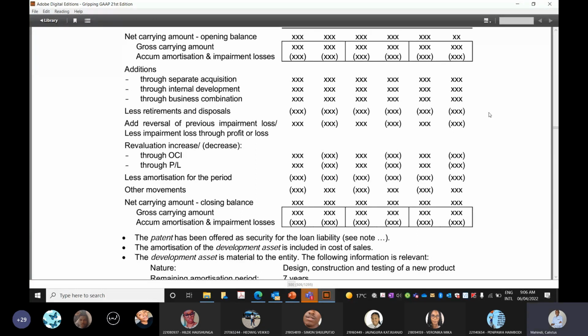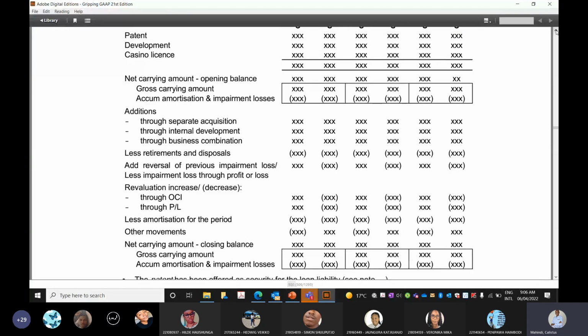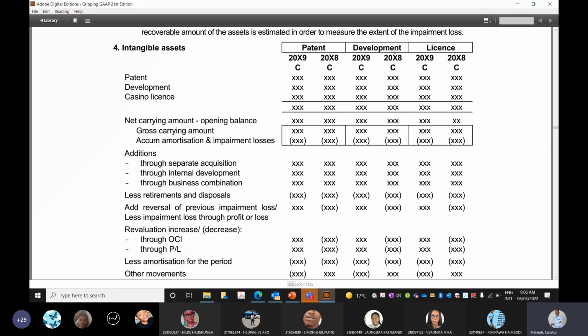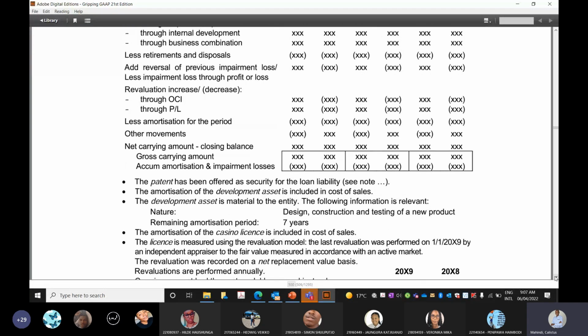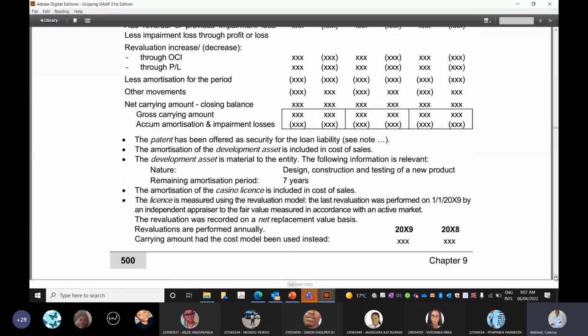What I want to illustrate is that for each intangible asset, you show it separately. So you have patent, development, and your license. Those are your intangible assets that you show separately. Now, what happened in your test, for instance, the one that we did on PPE, you had two assets. I think there was land and then there was a plant, a manufacturing plant.